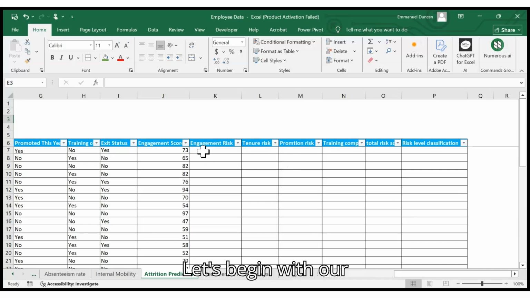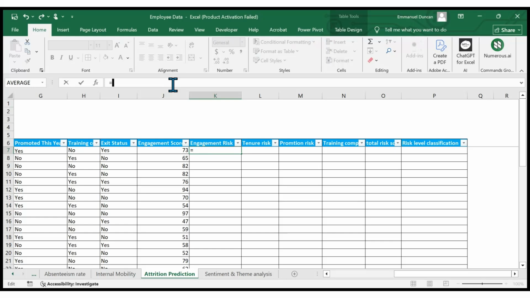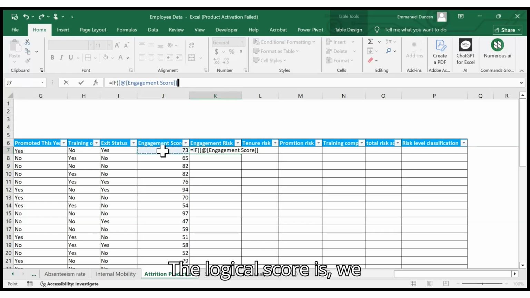Let's begin with our engagement risk using the IF function. The logical test is, we select the engagement score 73.